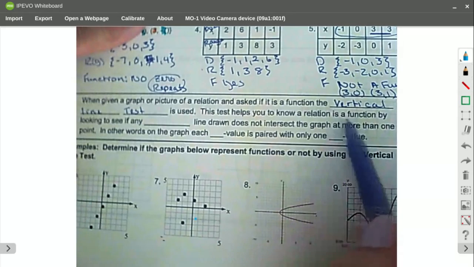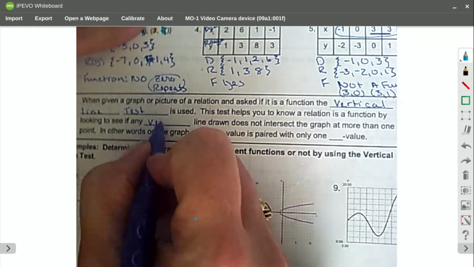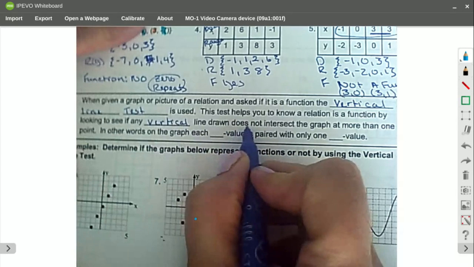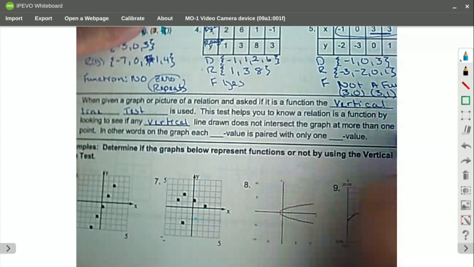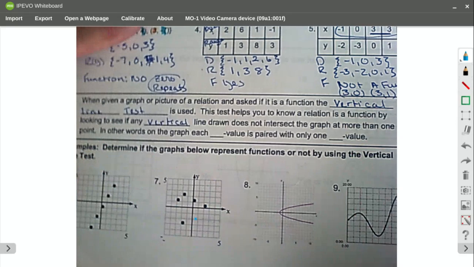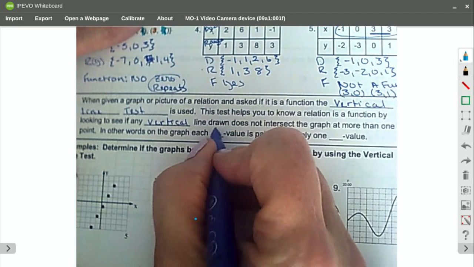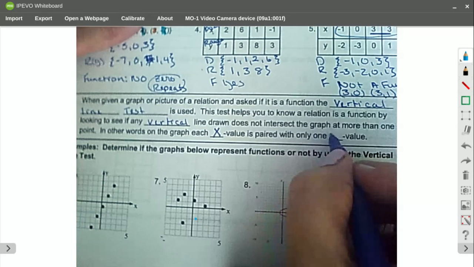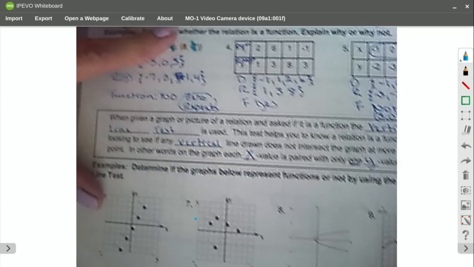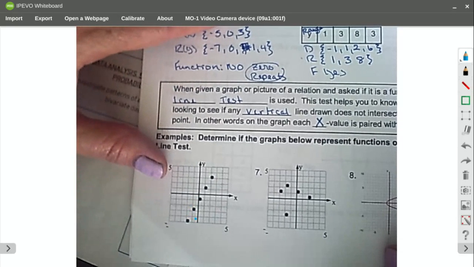This test helps you to know a relation is a function by looking to see if any vertical line drawn does not intersect the graph at more than one point. Why? If it intersects more than one point, then you have more than one x. Each x value is paired with only one y. Keyword, one.